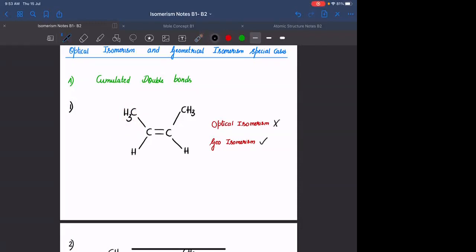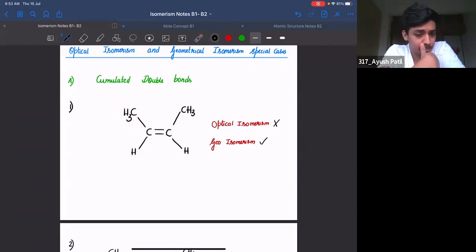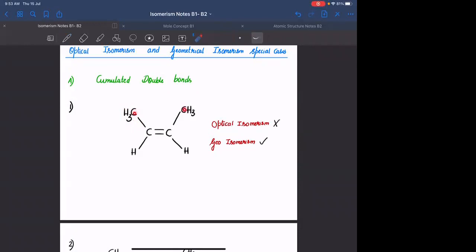Is that clear to everyone? Sir, why will there be no optical isomerism? Because these carbons do not have different groups. You have three groups similar, so it cannot have optical isomerism. Whenever you have a pi bond, this is sp2 and sp2, so it will be a planar molecule. For a planar molecule, you can pass a plane through the molecule, and the molecule will be symmetrical about the plane.